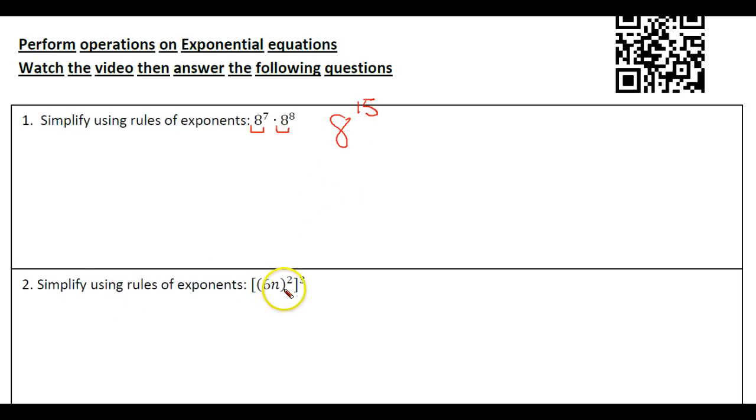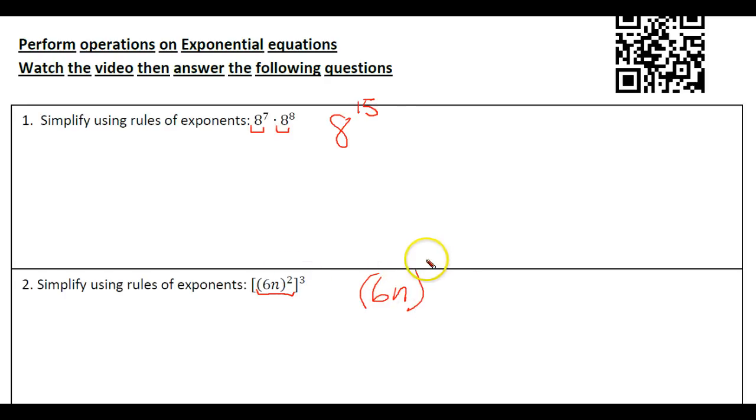Now here we have an interesting thing, because we have something in a bracket and then something in a parenthesis, and then outside the bracket we're raising that. So in a sense, this base here would be written 3 times. So in this case, instead of adding exponents, we're going to multiply, and we get this. 6n.